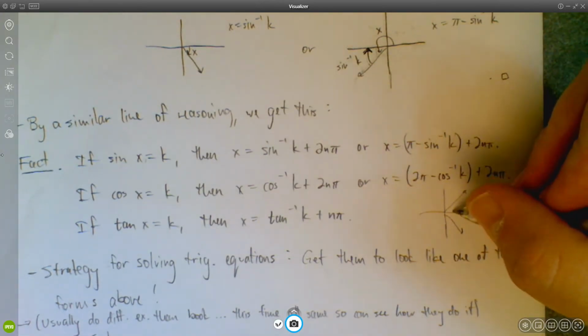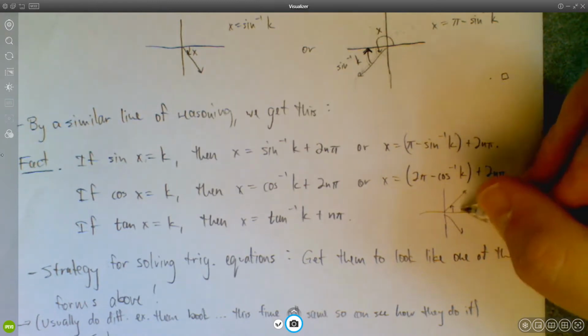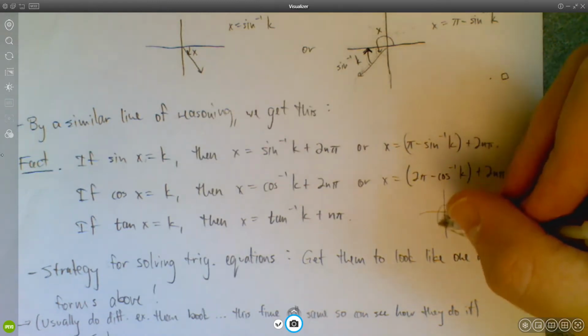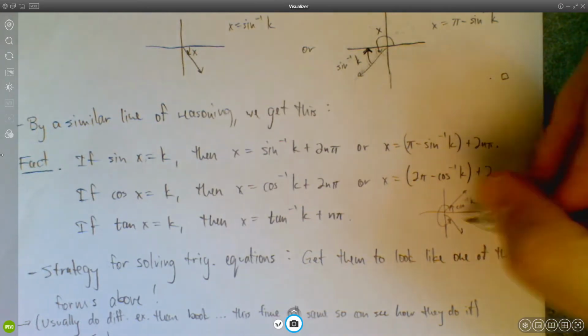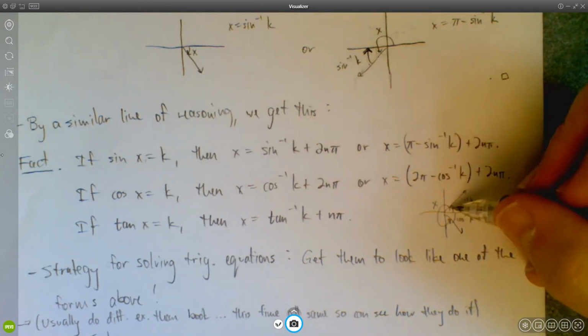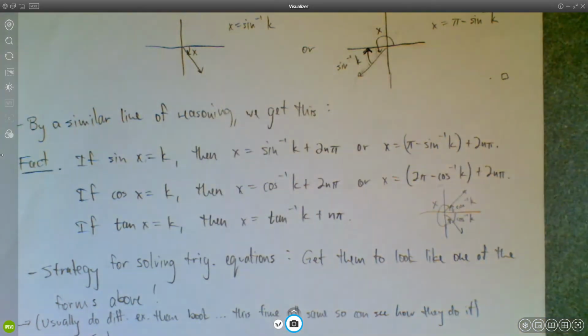If you're in quadrant 1, this is just cosine inverse of k. But for the angle in quadrant 4, the reference angle is still cosine inverse of k, so the angle x would be 2 pi minus cosine inverse of k.